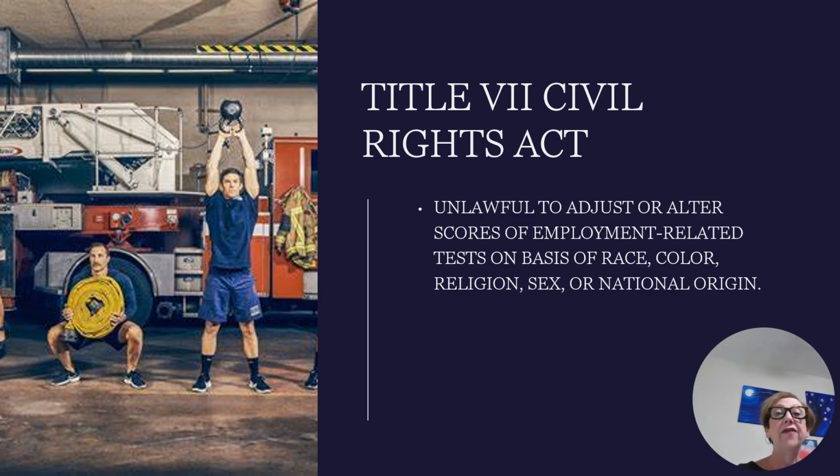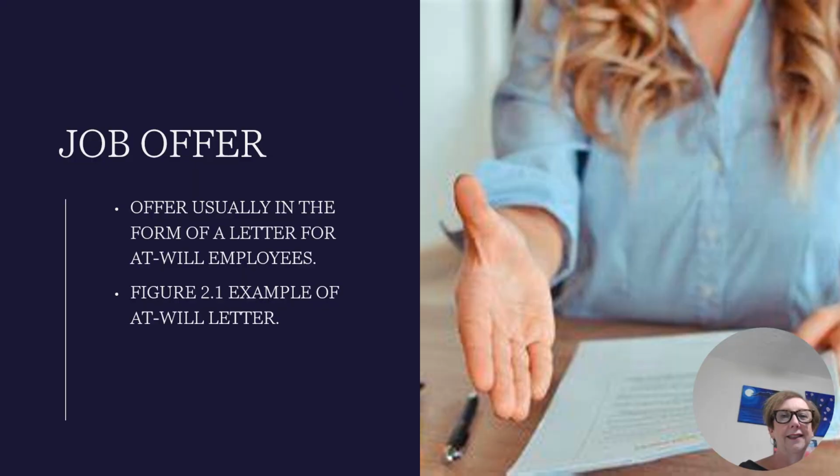Title VII of the Federal Civil Rights Act makes it unlawful to adjust scores or alter results of employment-related tests on the basis of race, color, religion, sex, or national origin. Please review the information on the 4/5 rule in the pre-employment testing section.